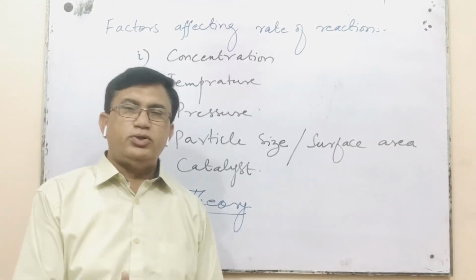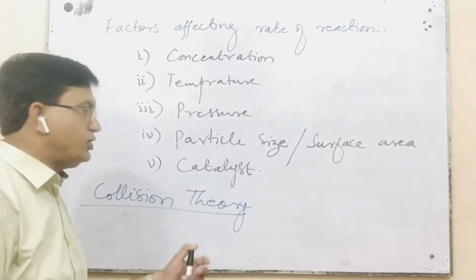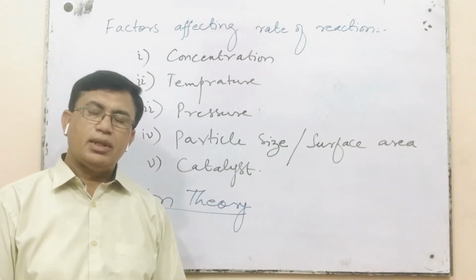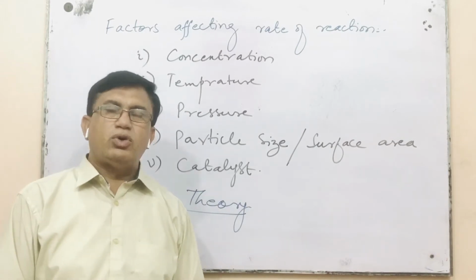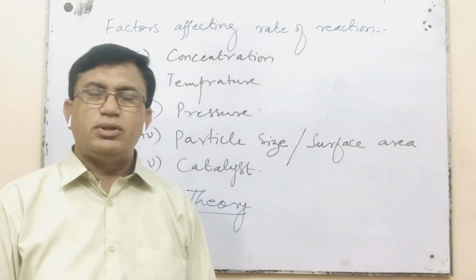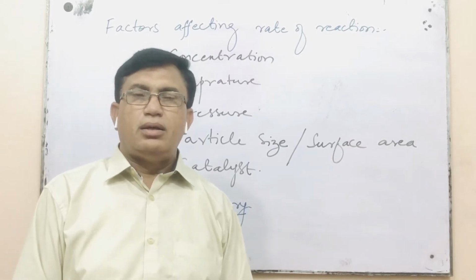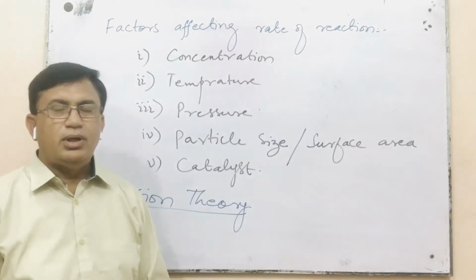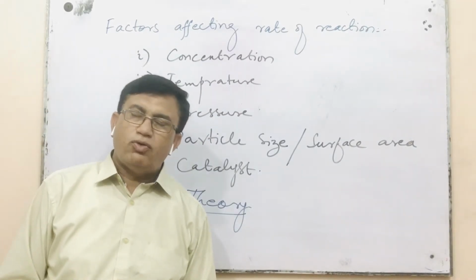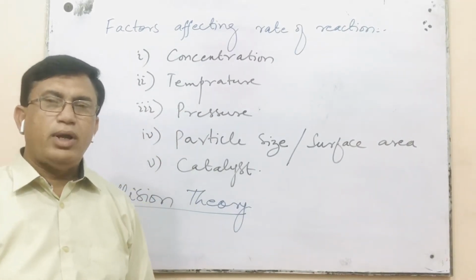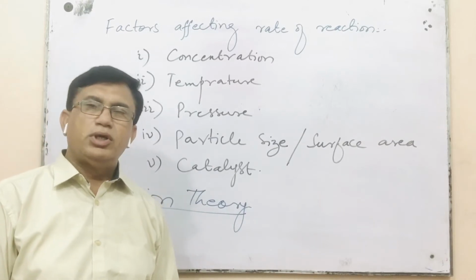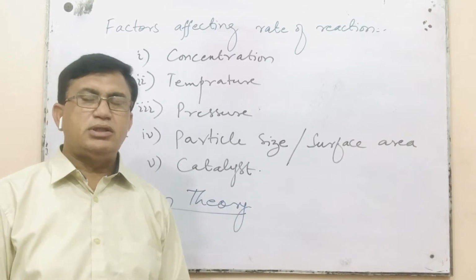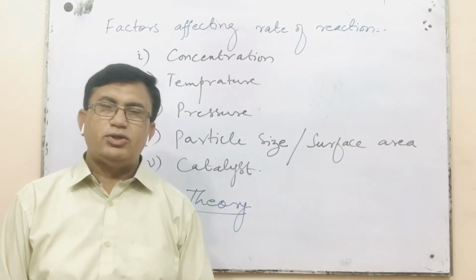If the energy produced as a result of collision is too much, which can easily break the bonds of reactant molecules, then the reaction will be quickly performed. Older bonds of reactant molecules will be broken down, and new bonds in the products will be formed. As a result, the reaction will take place quite easily.